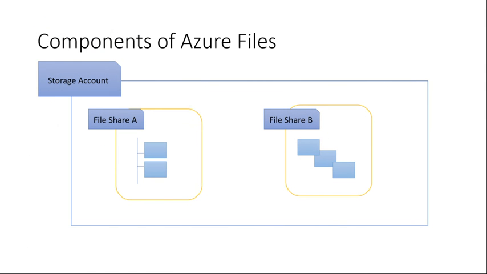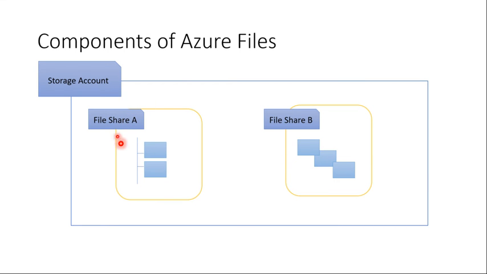So this diagram represents the different components that form the Azure File Share. Azure Files is a subservice of the Azure Storage Account. We have a file share, and a file share is the file structure we are going to be connecting to when we actually map or connect to this file share.